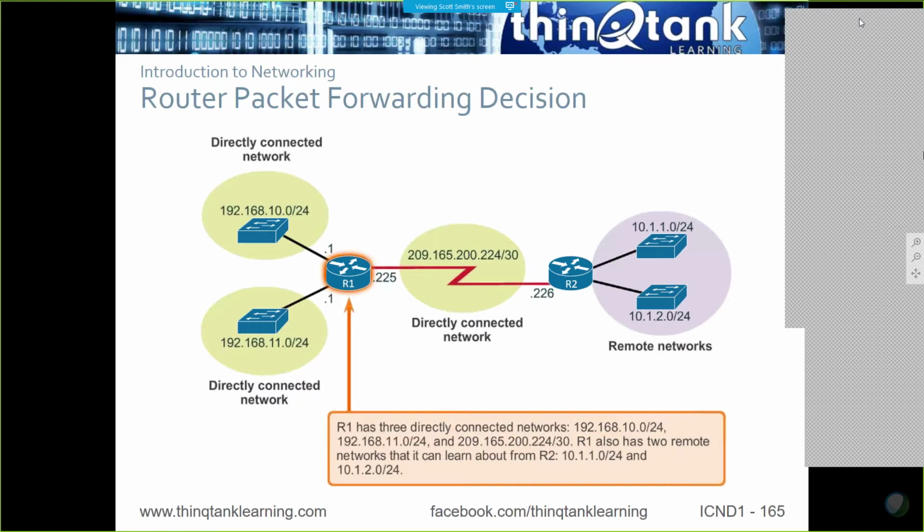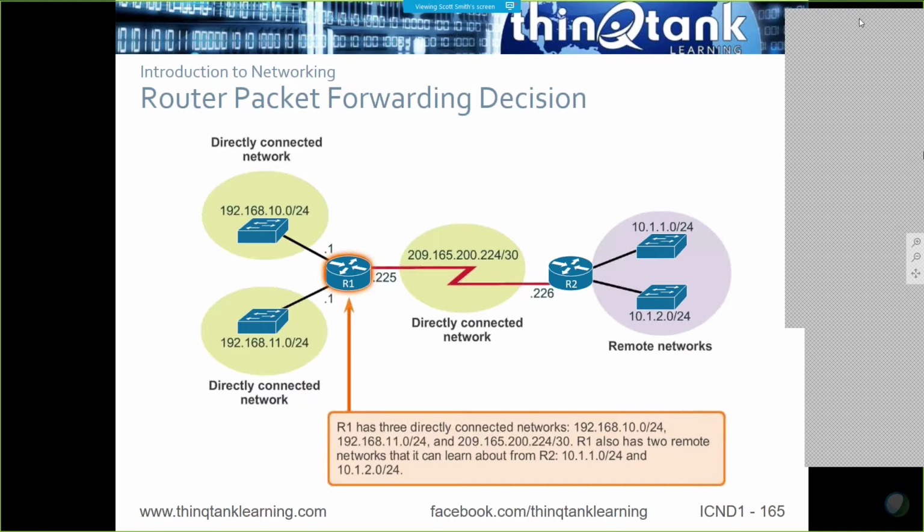That's a rhetorical question. The way these connected networks show up is very simple. You put the IP address on the interfaces and you make sure that the interfaces are operational. That's it. There's nothing you actually have to configure for the connected routes to show up other than making sure that the interfaces are on, and that they have their IP address.